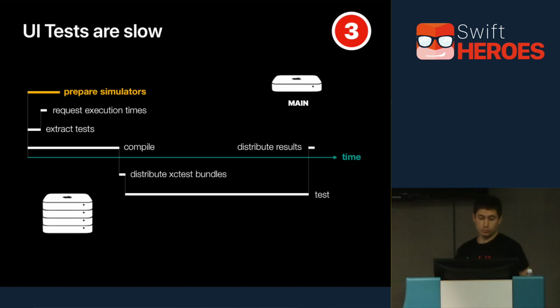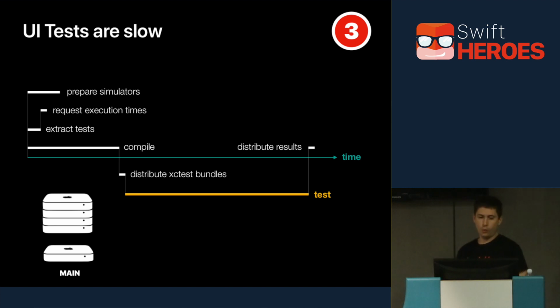We will also boot and prepare simulators, which is also a time-consuming step, to be able to start our tests as soon as compilation has completed. Missing runtimes or simulator devices are installed if needed, so that you really do not need to preset up your nodes in any known state.